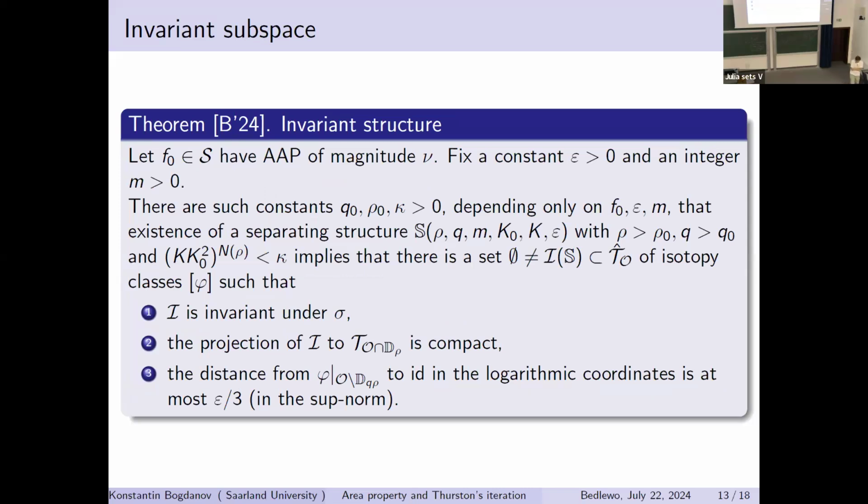It's the following. This works a little bit like the a priori bounds for renormalization. So let f be a function having the asymptotic area property of magnitude nu, fix some constant epsilon and an integer m. M is just the number of the singular orbits, or more generally just orbits, because we can mark some other non-singular orbits as well.